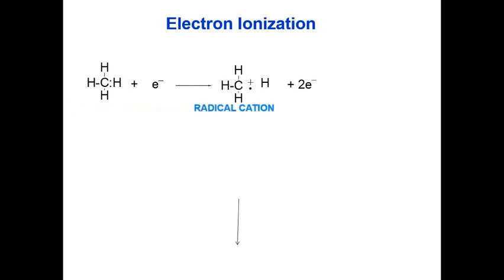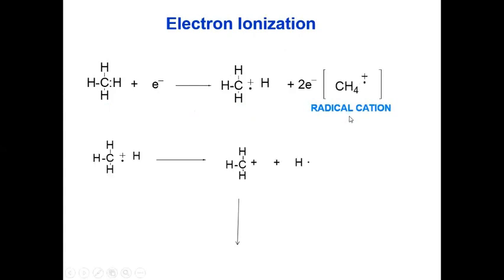That is also called a radical cation, and this will show the molecular ion peak for methane in a mass spectrometer. The molecular weight is 16. So we will get peak 16 as the molecular ion peak, and we will get 15 as a fragmented peak or cation peak in the mass spectrum.